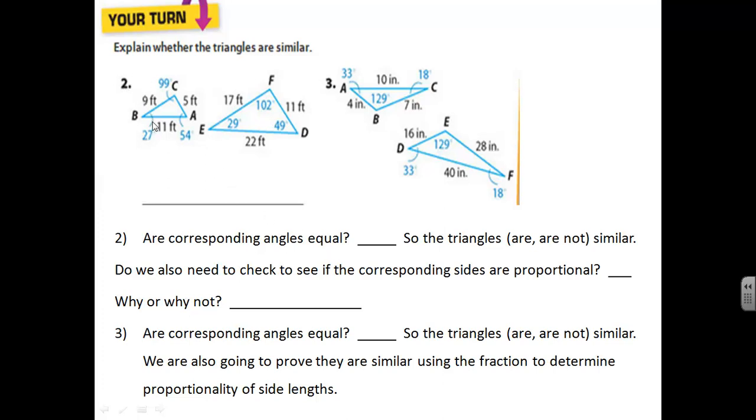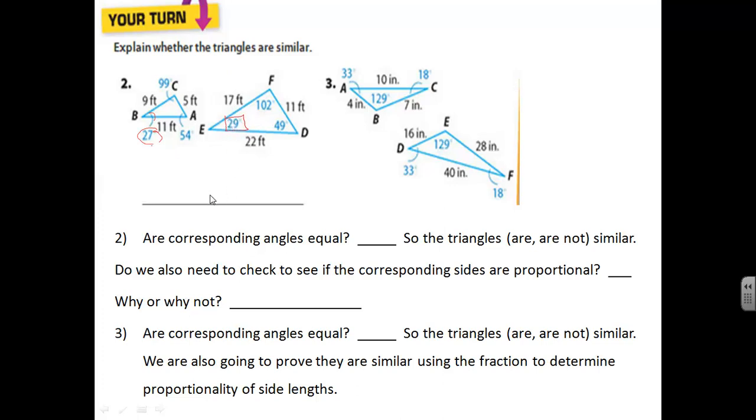So we know that angle B is 27 degrees. Which angle is corresponding to angle B in the big triangle? It's E. Does 27 equal 29?